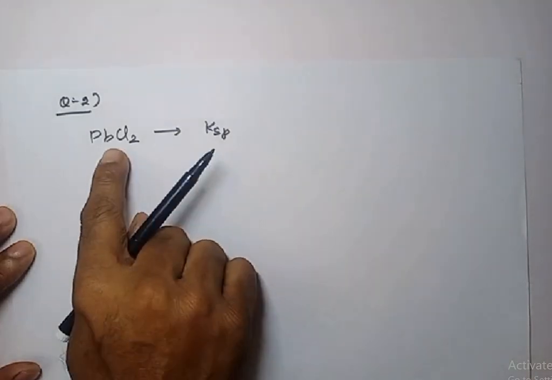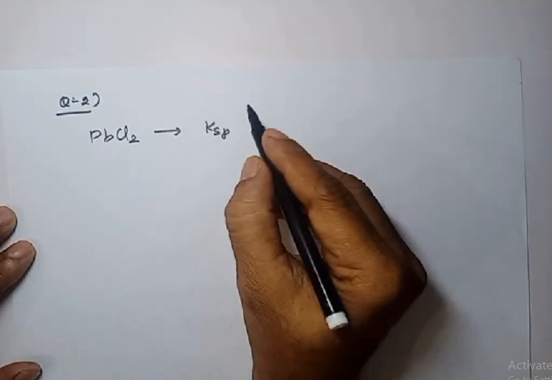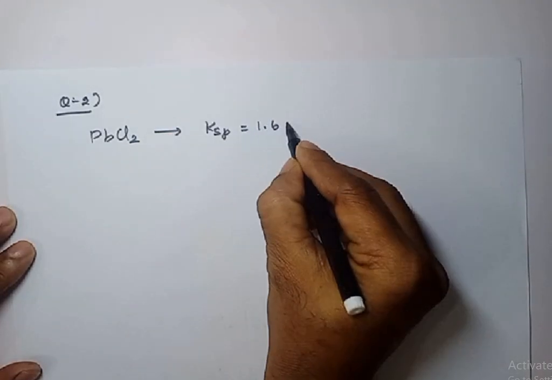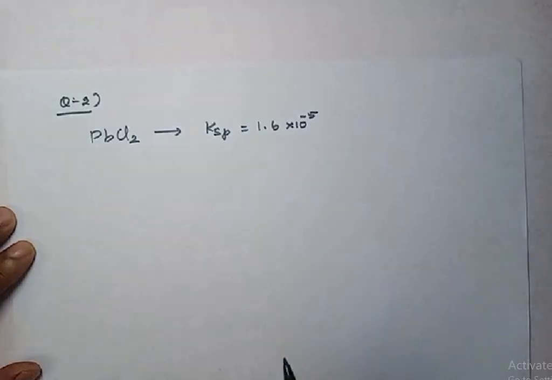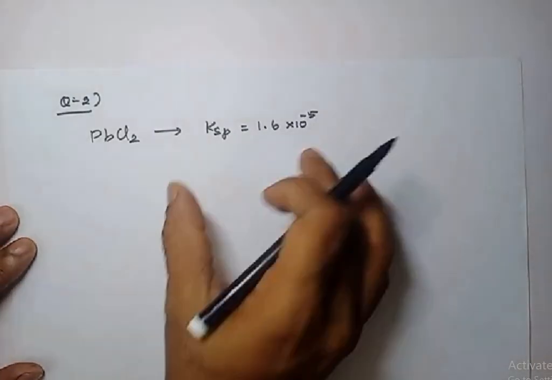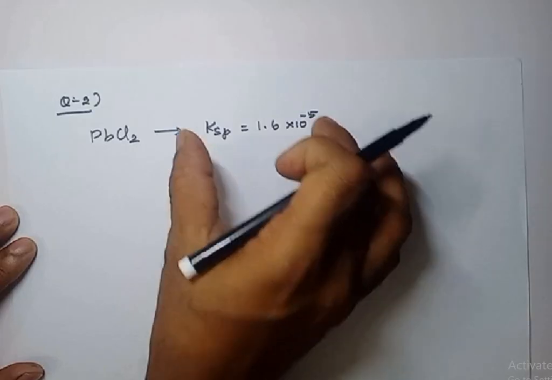For example, in the case of lead chloride, solubility product constant equal to 1.6 into 10 to the power minus 5. Okay, now how to calculate solubility from this?